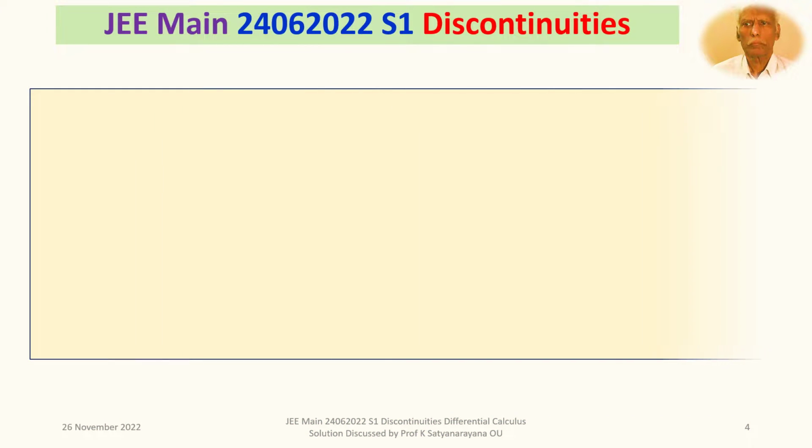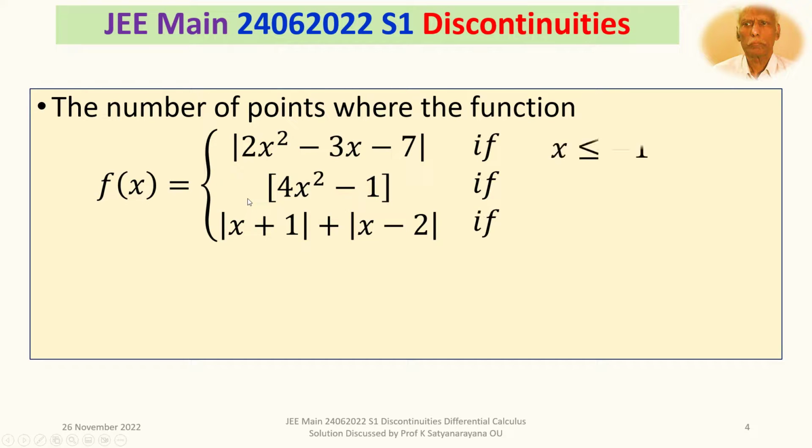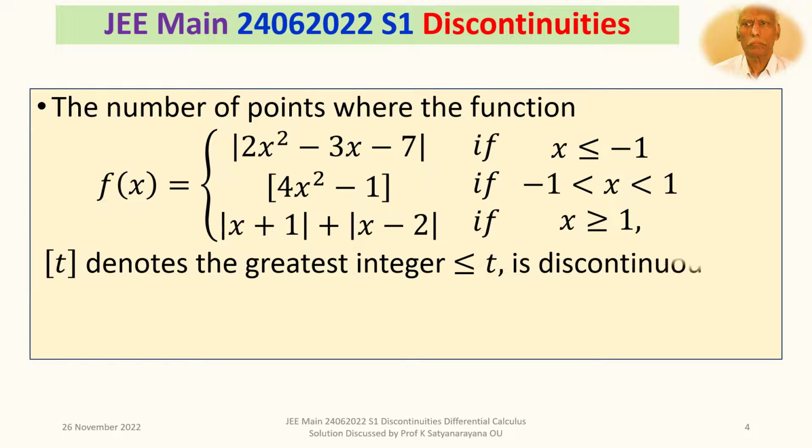The problem is: the number of points where the function f of x, defined in this way in a piecewise manner, is discontinuous. We have to find the number of points where this function is discontinuous.